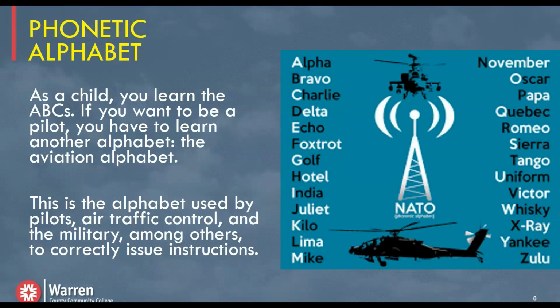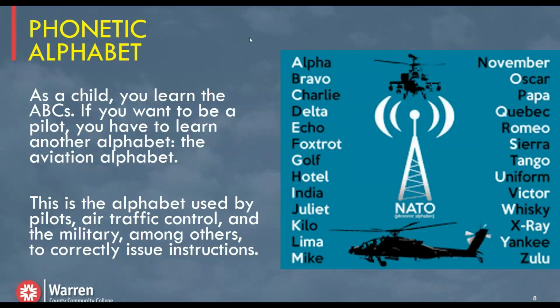So when you're doing this, it's Alpha, Bravo, Charlie, Delta, Echo, Foxtrot, Golf, Hotel, India, Juliet, Kilo, Lima, Mike, November, Oscar, Papa, Quebec, Romeo, Sierra, Tango, Uniform, Victor, Whiskey, X-Ray, Yankee, Zulu. And those are your phonetic alphabets.